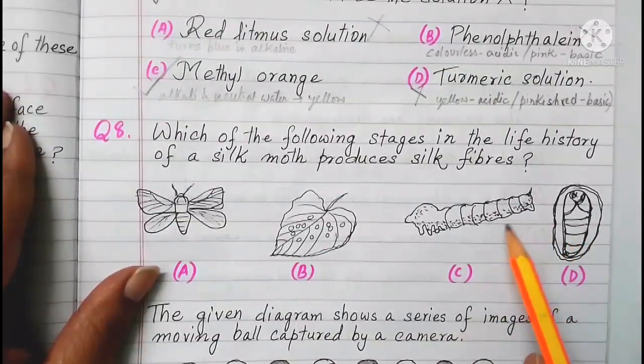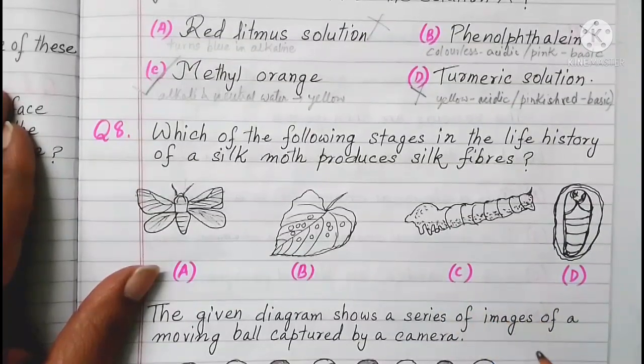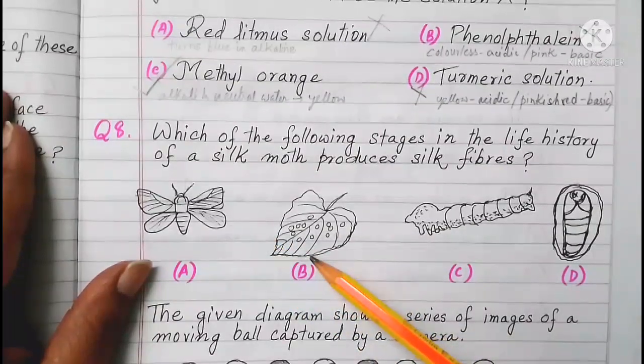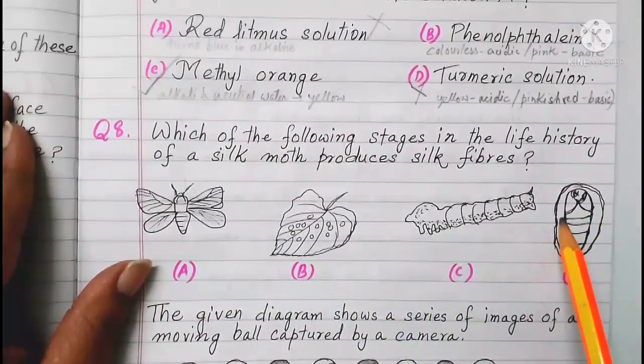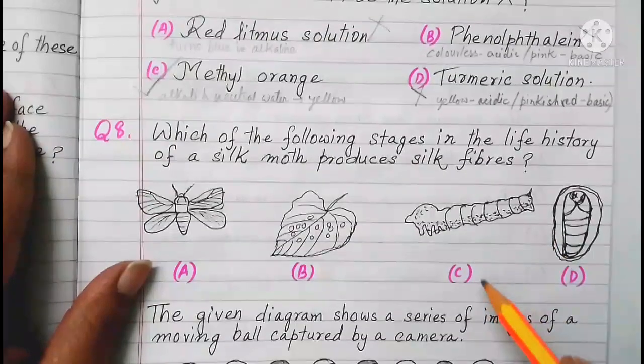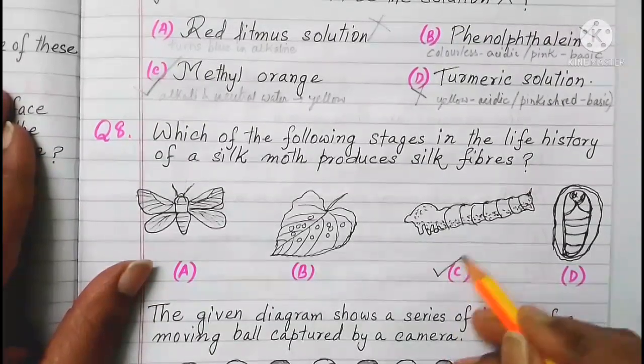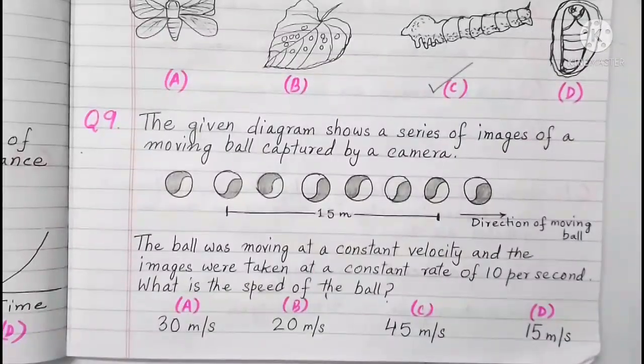We all know that the silk moth cannot spin the fibers. The mature version is the silk moth. Eggs cannot do so. Pupa is a stagnant stage. So the only stage that makes silk fiber is the silk worm, and worm means it is the larva.